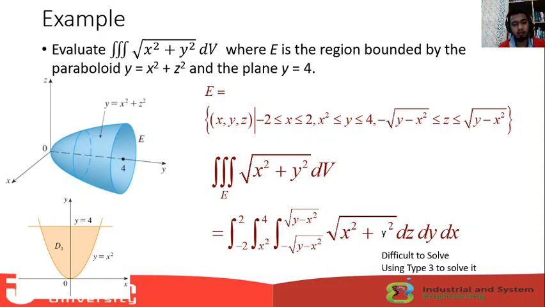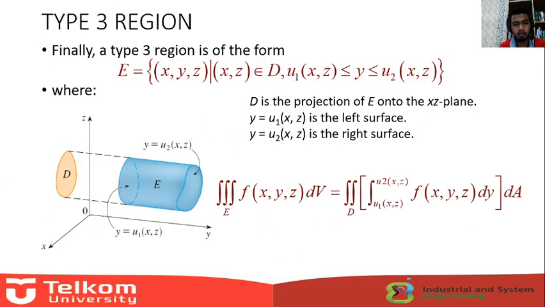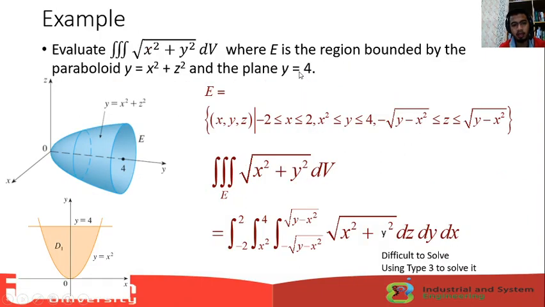What is the meaning of type 3? Type 3 is where y is a function of x and z. Please solve this problem: y goes from here until this circle, so it should be a function of this circle.